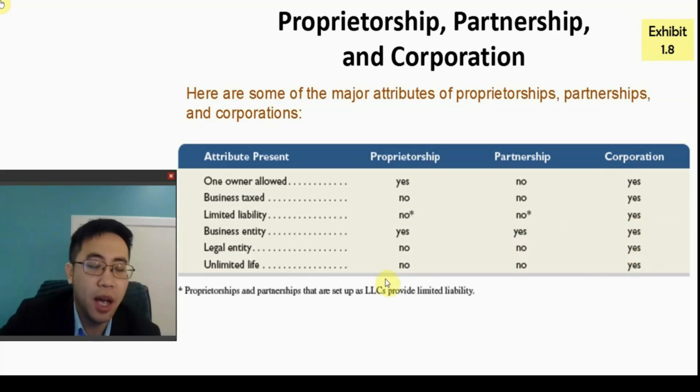And in terms of limited life, when the owner of a sole proprietorship dies, then the business dies with it. And for a partnership, also, when the partners cease to collaborate and quit, then the partnership would be gone. So they have limited lives.